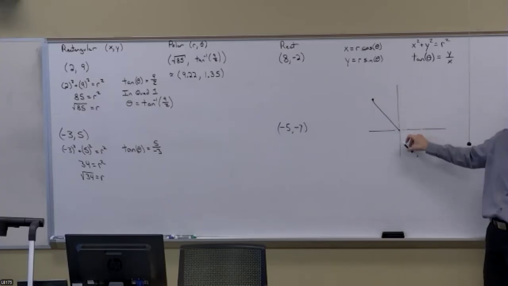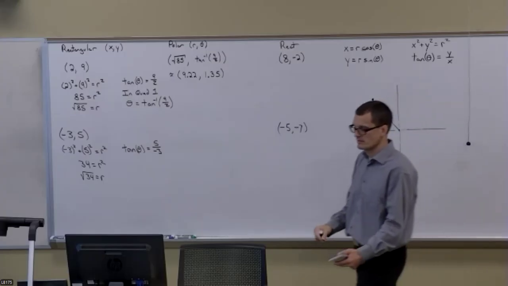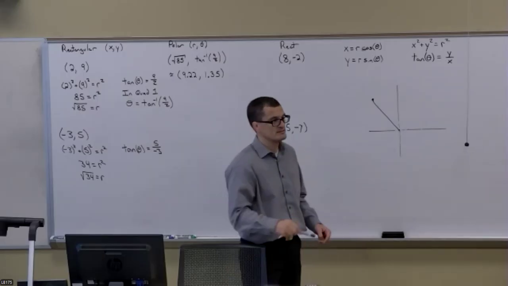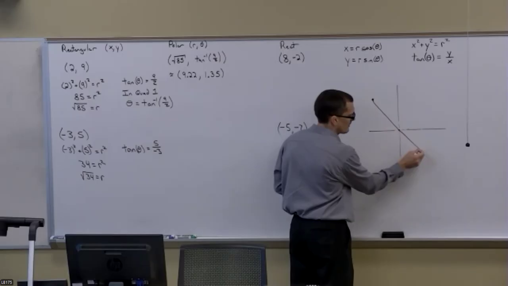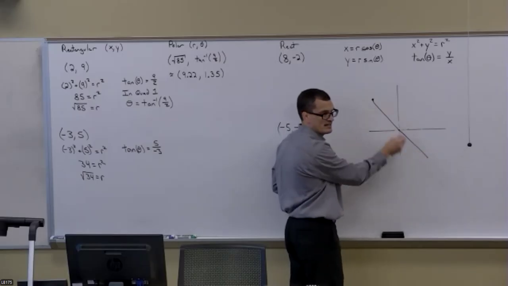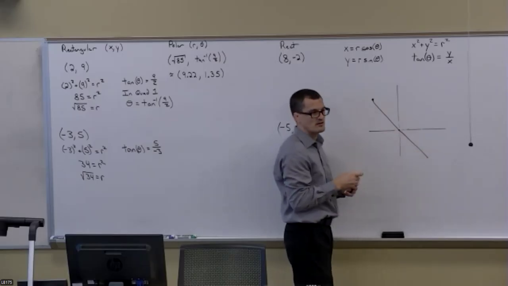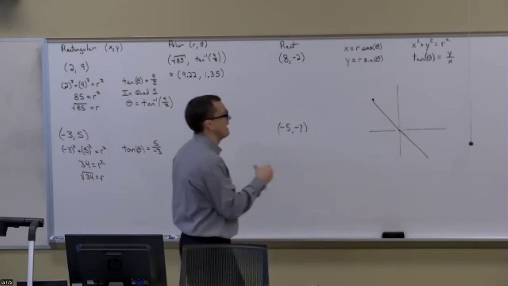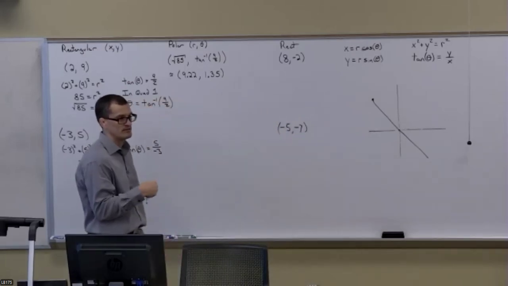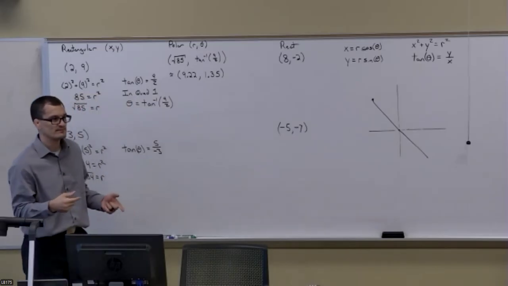You understand that? What do you think it's going to get me out? Yeah, the quadrant 4, that forms a straight line with this. So all I have to do is add pi to whatever it gives me out. That's what I'm trying to get at.